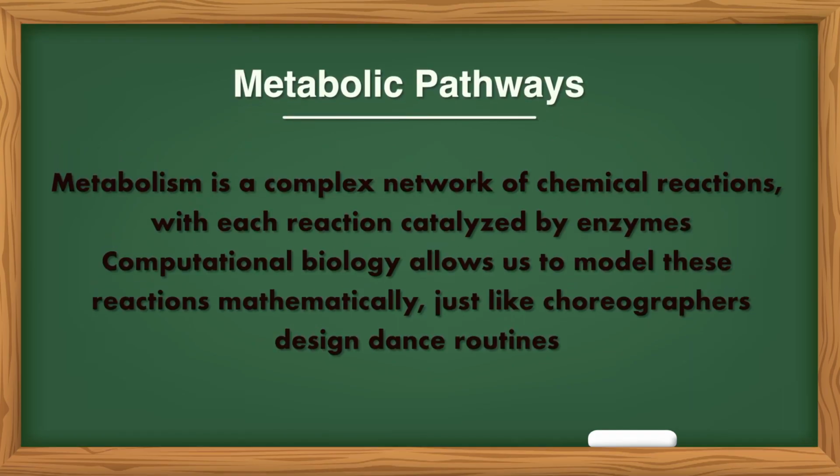follow specific biochemical pathways to convert the nutrients we consume into energy. This involves a lot of synthesis and a lot of chemical catalysis in the entire cycle. Metabolism is a complex network of chemical reactions, with each reaction catalyzed by enzymes. Computational biology allows us to model these reactions mathematically, just like choreographers design a dance routine.